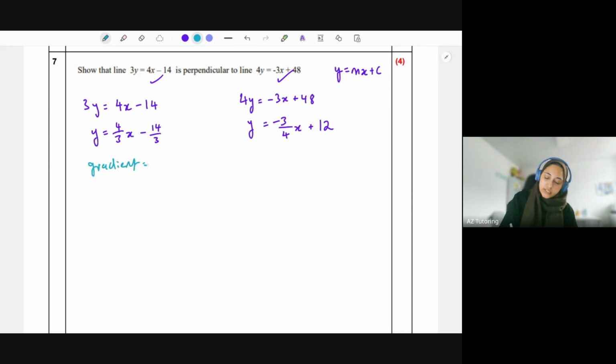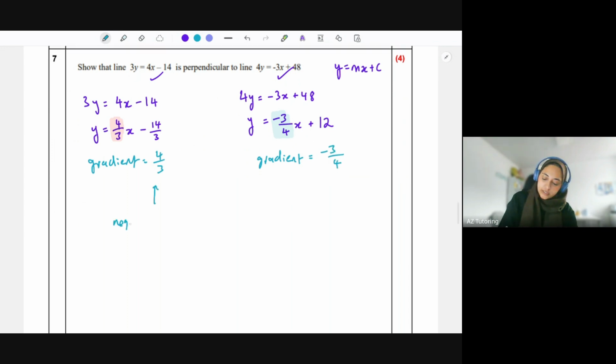The gradient for that first one is the number in front of the x, so 4 over 3. And the gradient for this one, again, is just the number in front of the x, and it's minus 3/4. Now, if I work out the negative reciprocal of this one here, we just flip it over, so 3/4, and then we put a minus sign in front of it, which is what's here.